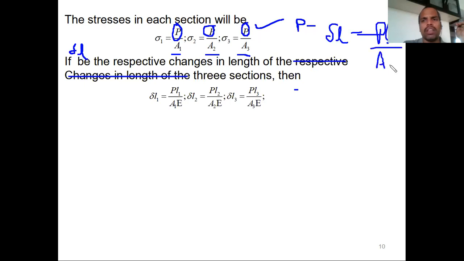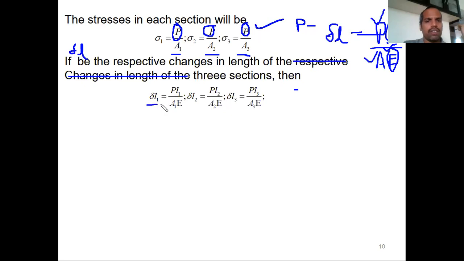So delta L depends on load. Load is constant for everything. Young's modulus, let us say all are made of the same material, so P and E may be constant for all three sections. But L is different, A is different, right? That's why delta L may also be different for each section.